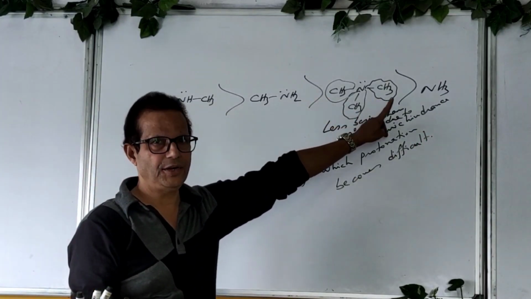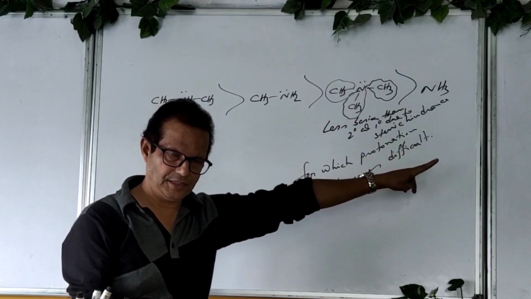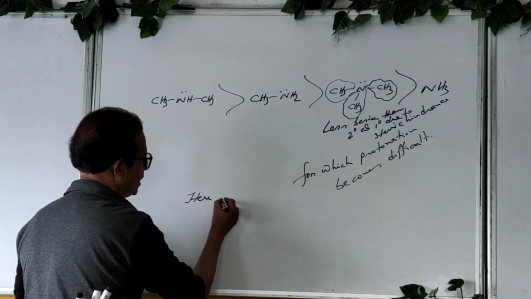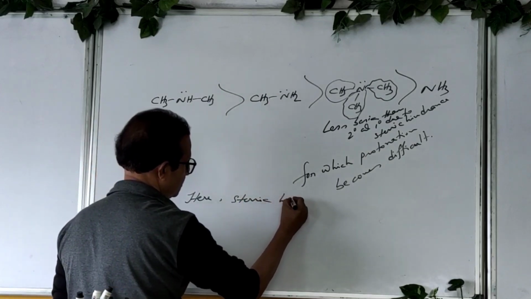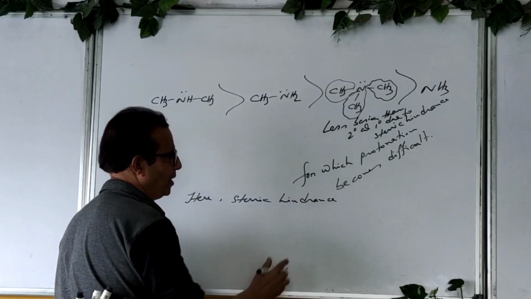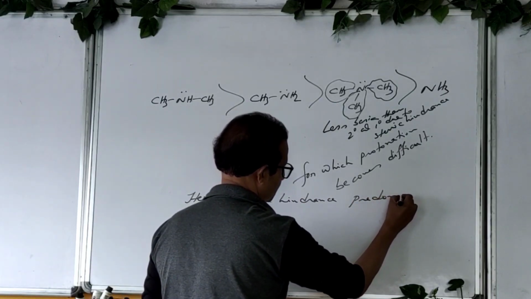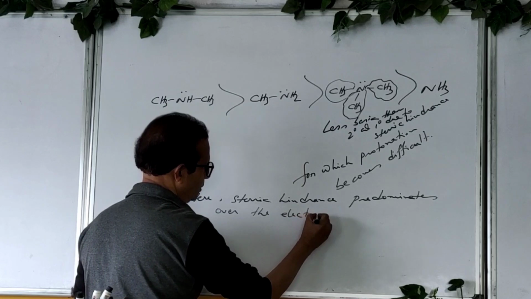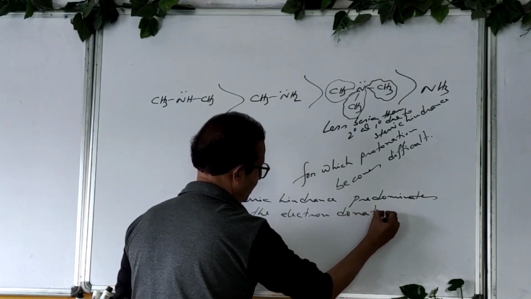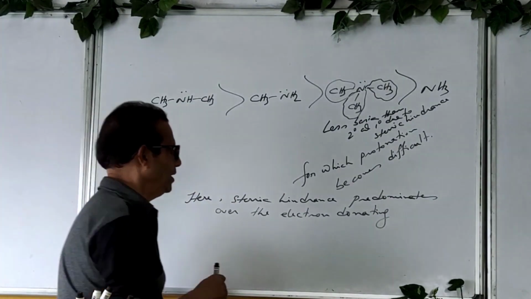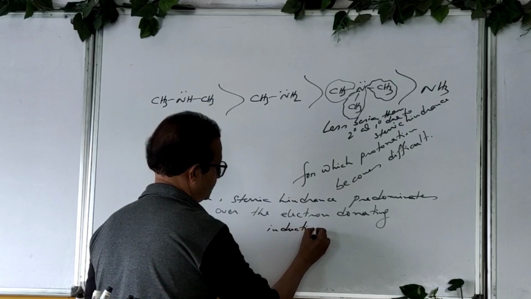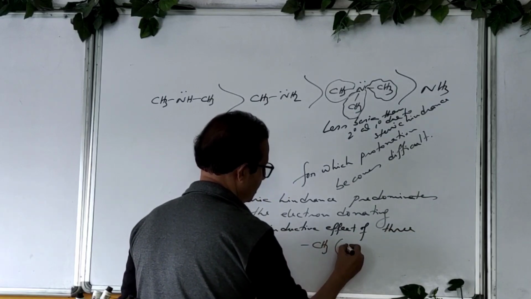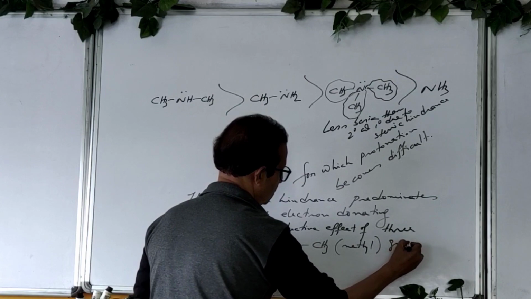Though there are 3 electron donating groups, but here steric hindrance, bulky group effect, predominates over the electron donating inductive effect of 3 CH3, that is methyl groups.